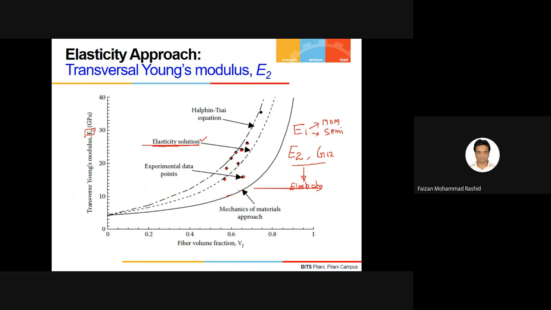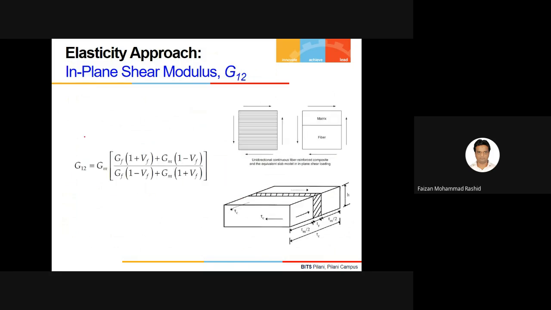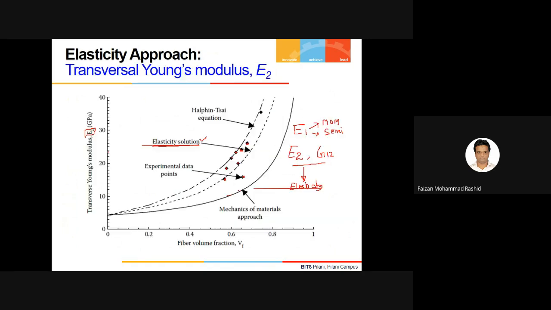Now, this is the prediction from the mechanics of material model. I'm not showing you the entire derivation here. Again, I'm showing you only the final formula for my G12 from the elasticity approach. But at least this formula is not that horrible compared to what I showed you before.